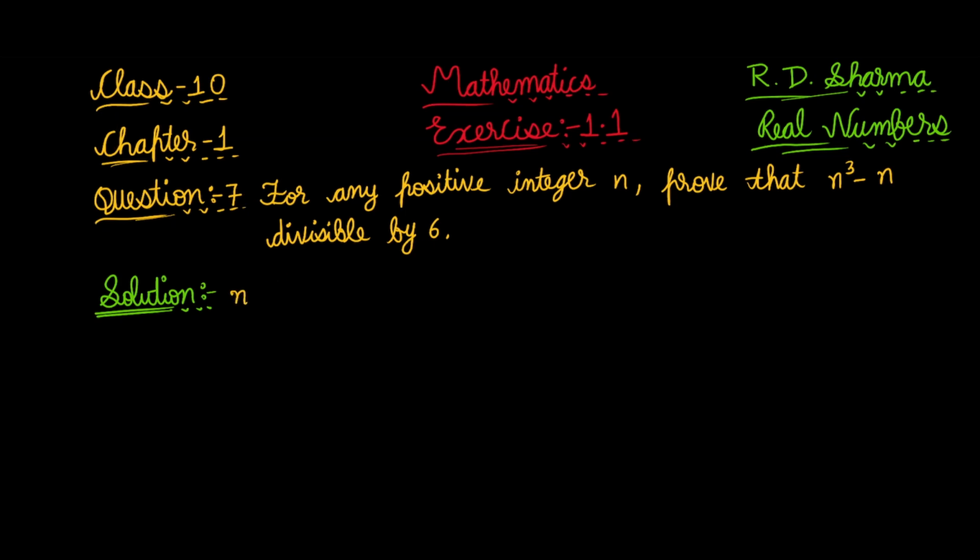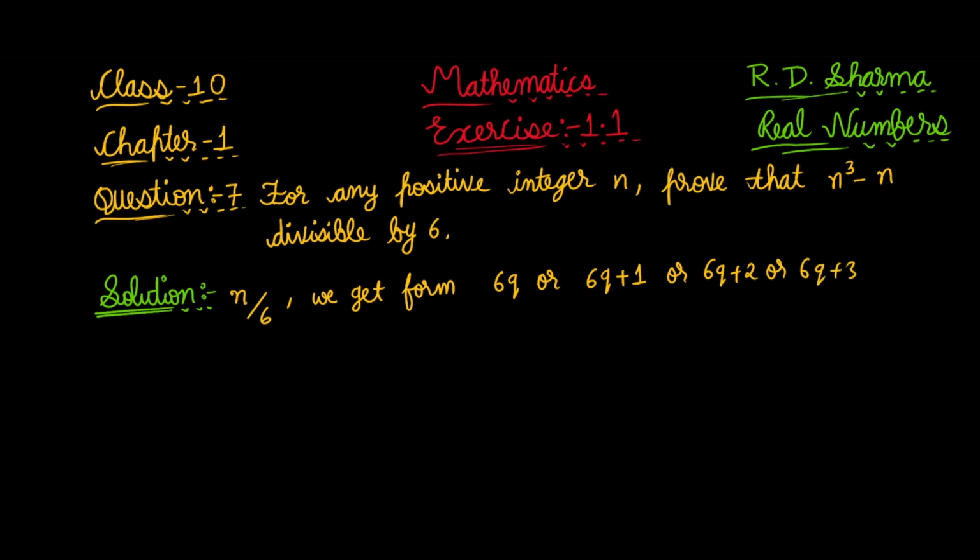So when n is divided by 6, we get the form 6q, or 6q plus 1, or 6q plus 2, or 6q plus 3, or 6q plus 4, or 6q plus 5, where the remainder will be less than 6.